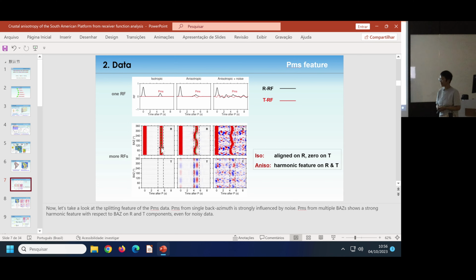You compared your anisotropy results only with SKS, but in the Northeast there are results of shear wave splitting from local earthquakes, which are measured directly in the crust. No, I don't have this kind of data. I think it's necessary to do this kind of comparison, yes.